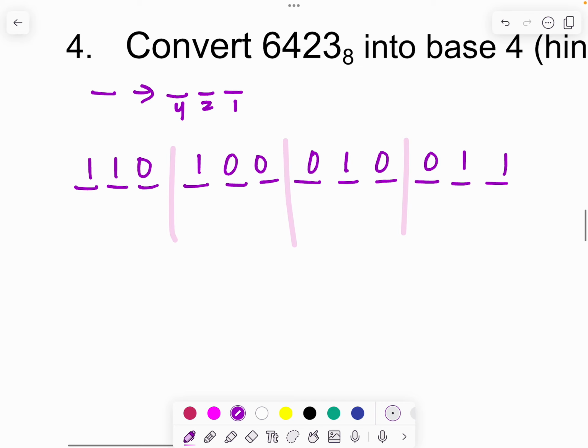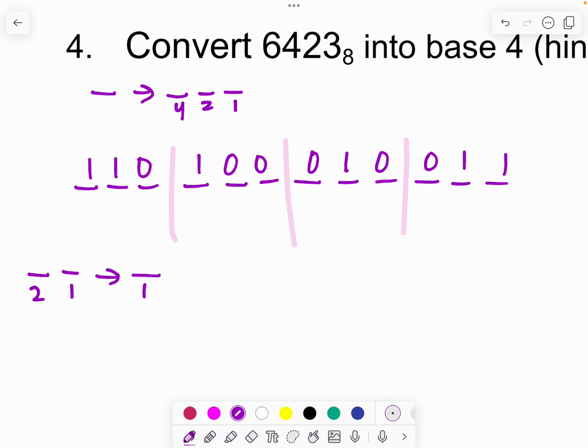Now, since I'm going from base 2 into base 4, let me think about this. Let's explain this a different way. Think of it this way, that in base 2, 2 digits correspond with 1 digit in base 4.